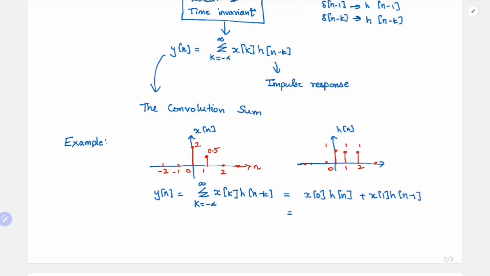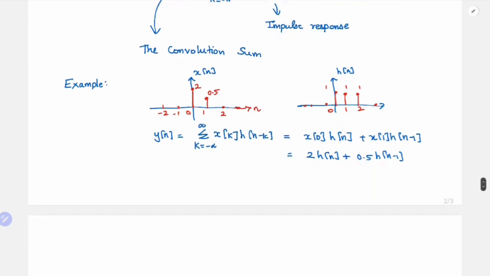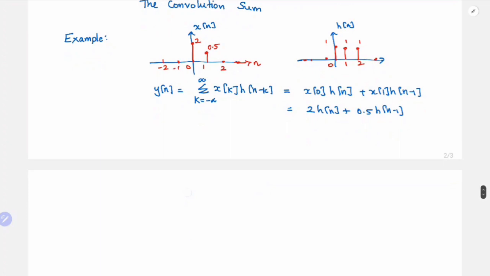So this is nothing but 2 into h of n plus 0.5 into h of n minus 1. So you can calculate by finding h of n, multiplying it by 2, and finding h of n minus 1, multiplying it with 0.5, and then adding them up. So let us try that.